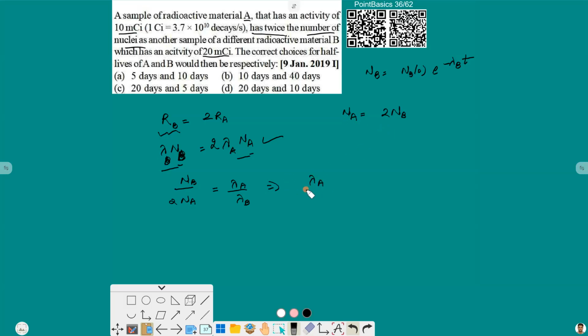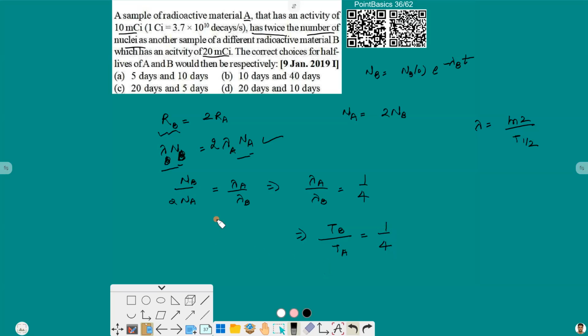So from this, lambda A by lambda B is equal to 1 by 4. Now we know that lambda is ln 2 by t half. So this ratio lambda A by lambda B will give us the t half for B divided by t half for A equal to 1 by 4.